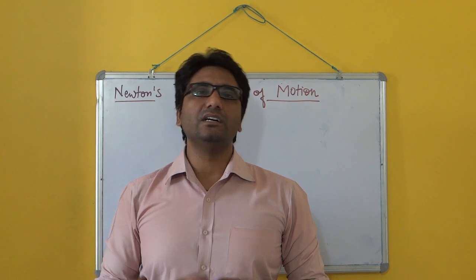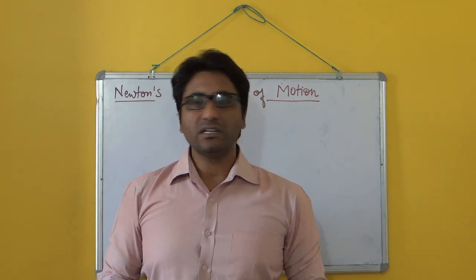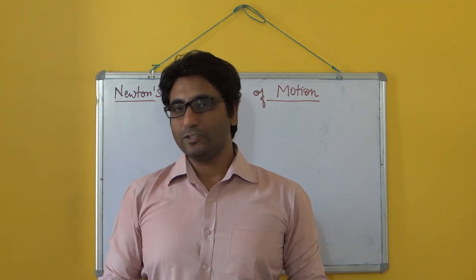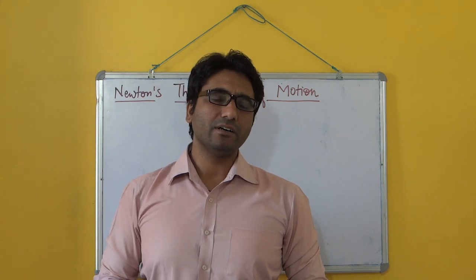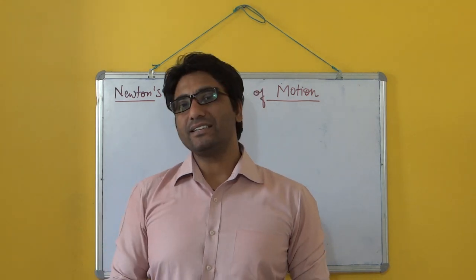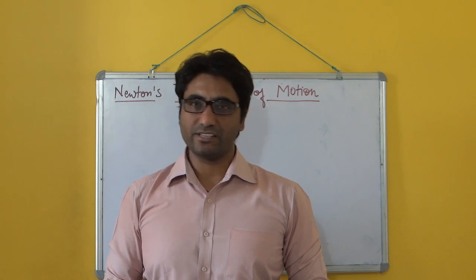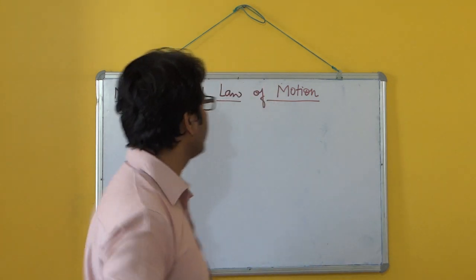So Newton's third law says, you all are aware of it, and you might have heard that to every action there is an equal and opposite reaction. So let us first write.